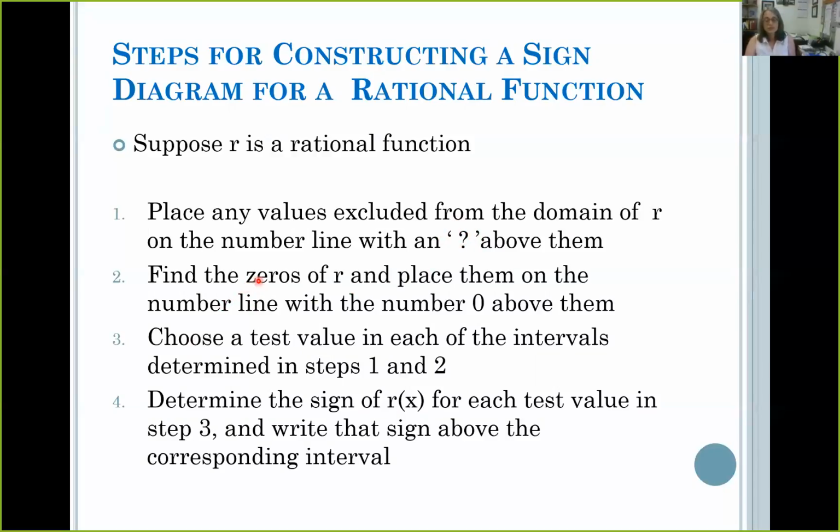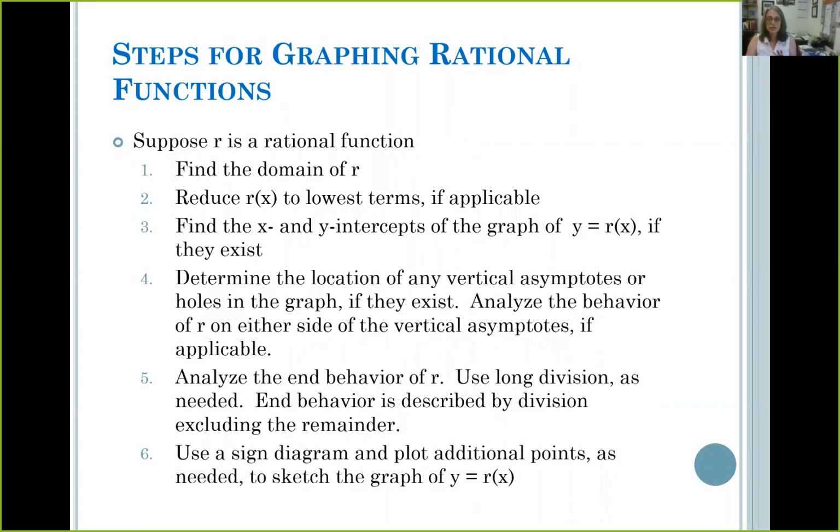So then we're going to proceed as usual. We're going to find the zeros, and we're going to test positive or negative in each of our intervals. Once we've found our sign diagram, there are a few other things we're going to use to help us in sketching our graphs of rational functions. We're going to begin by reducing our function to lowest terms.